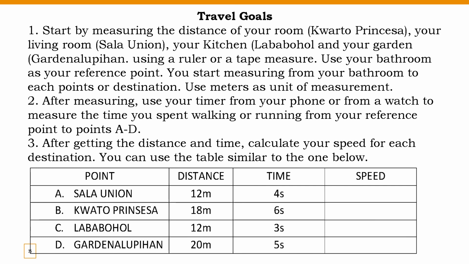So, doon sa atin pong worksheet, you have to measure the distance from your kwarto, from your sala, from the lababo, and to the garden. Pero, syempre, hindi naman lahat tayo merong garden, hindi naman lahat meron tayong sala. So, pwede po nating gamitin na lang itong distance and time na binigay ni Ma'am Kay in order to compute your speed. So, ganun na lang po ang ating gawin.